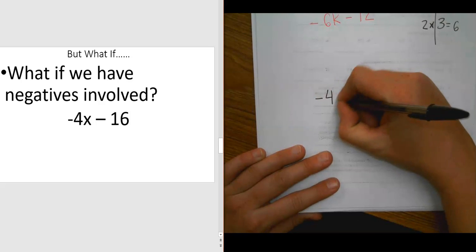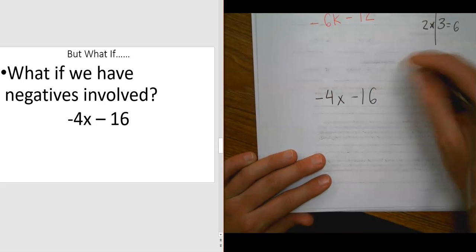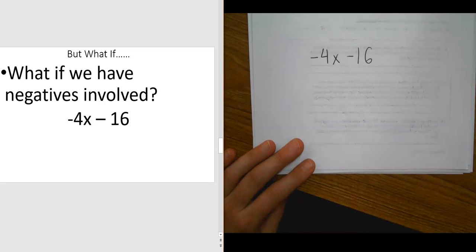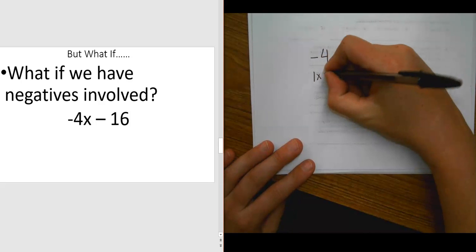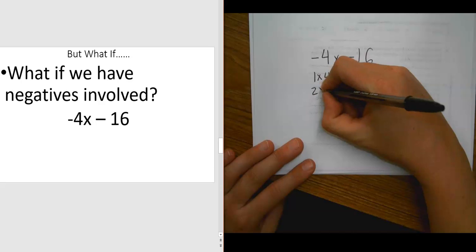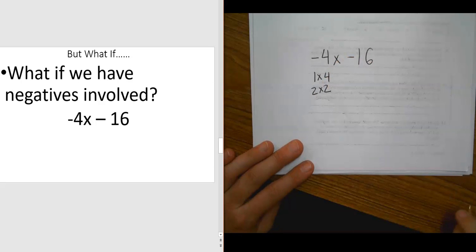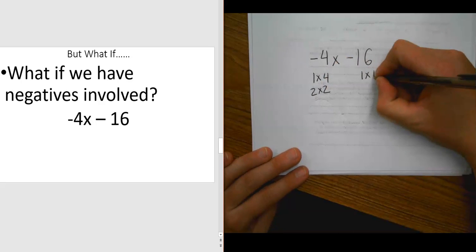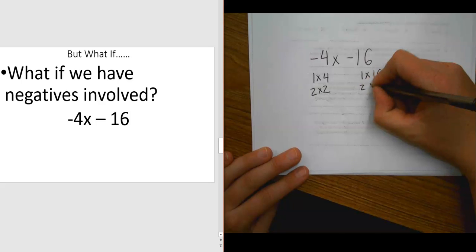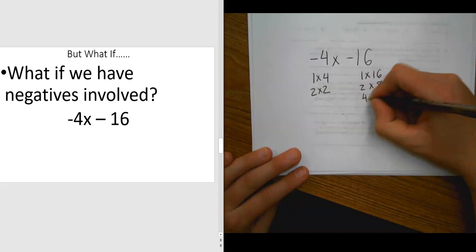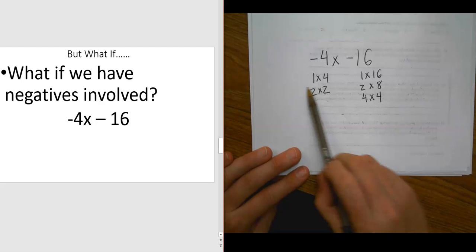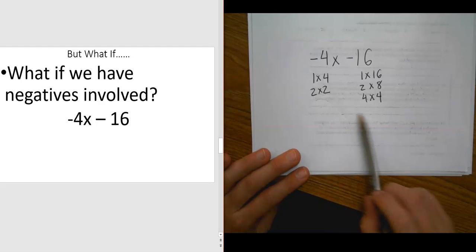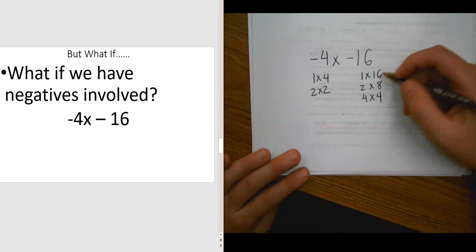Let's do this one more. Negative 4x minus 16. I'm going to use just multiplying methods. So 1 times 4 equals 4, 2 times 2. What equals 16? 1 times 16, 2 times 8, 4 times 4. Looking at all the lists, what's the biggest number on both lists? Biggest number here is 4. Is 4 on this list?